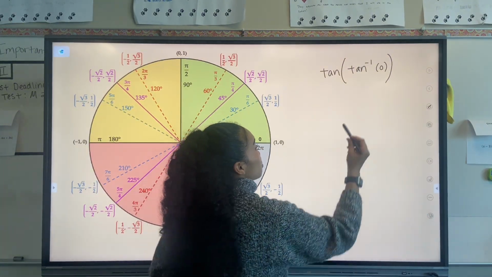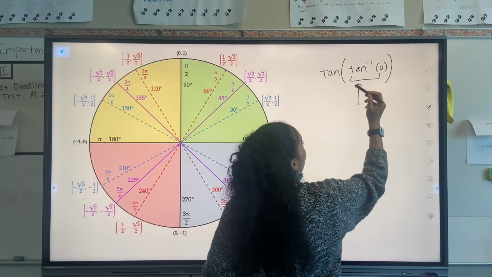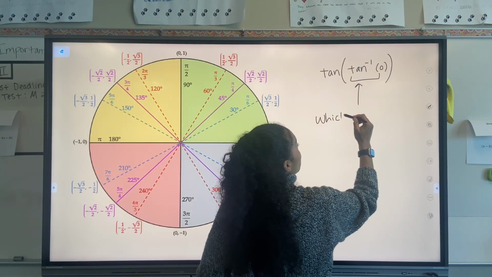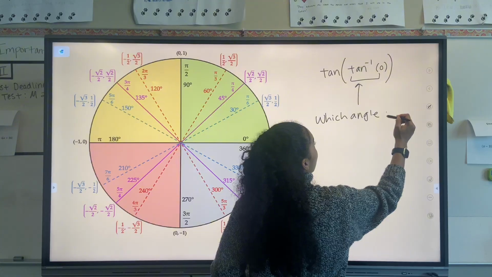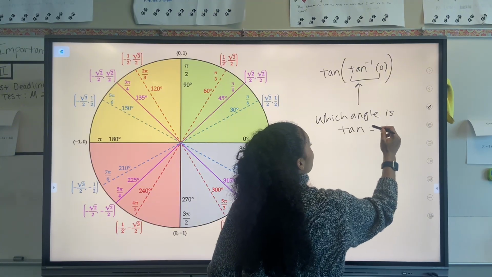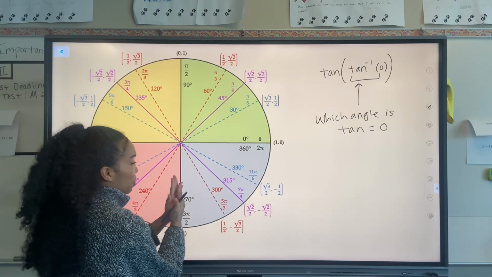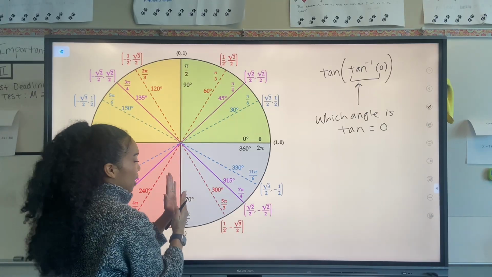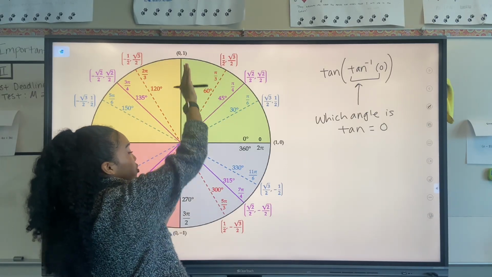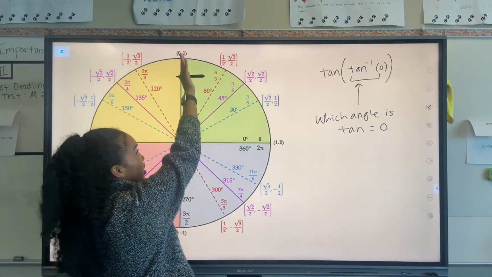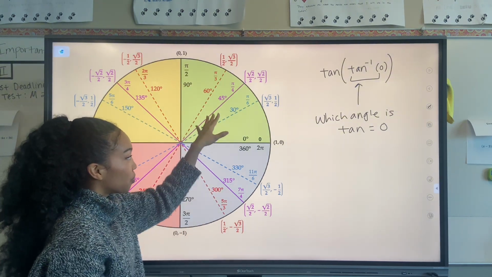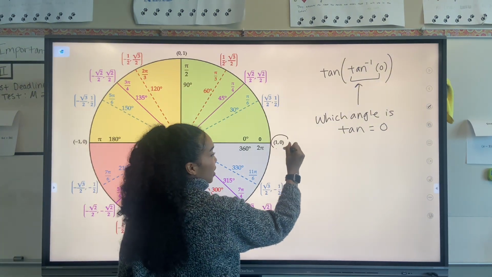Okay, so first we need to look at the inside. And this is asking which angle is tangent equal to 0? Now for tangent, you should only be looking from negative pi over 2 to pi over 2, negative 90 degrees to 90 degrees, only this half of the unit circle. So pay attention to right here.